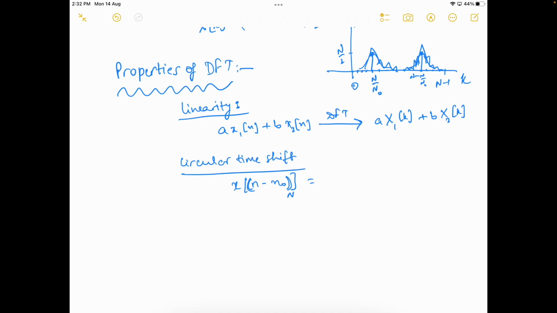So tell me now, what is the effect of circular time shift? If I take the DFT of this, what will happen to my x of k? It becomes x of k e to the power minus j I.